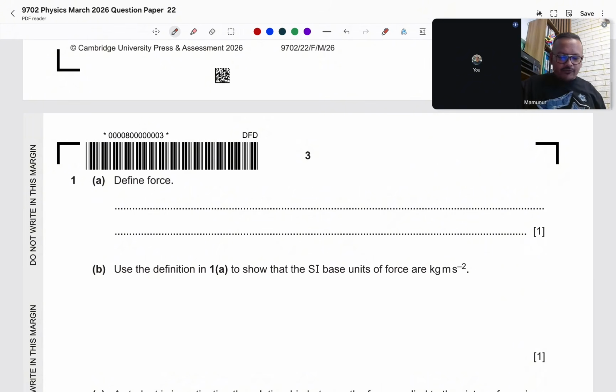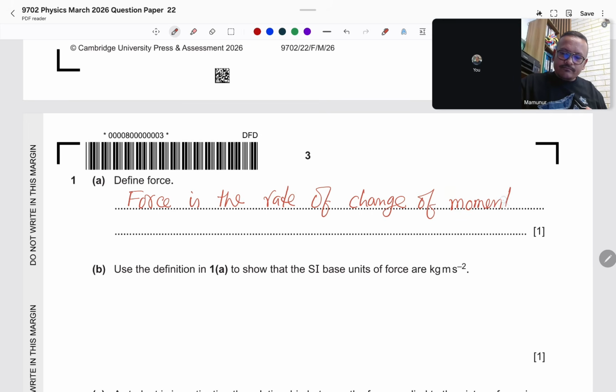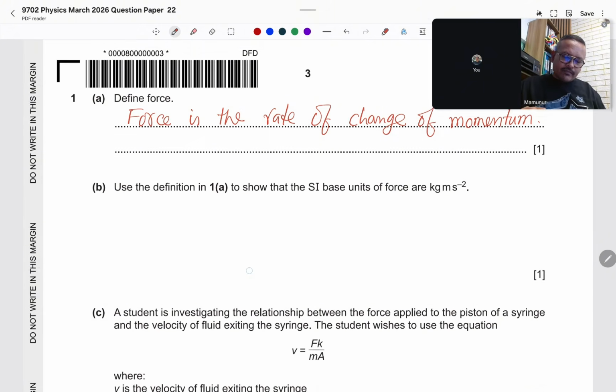First question: define force. It's a very simple question. We know force is the rate of change of momentum. Clear? Use the definition to show that the SI base unit of force is kg meter per second square.